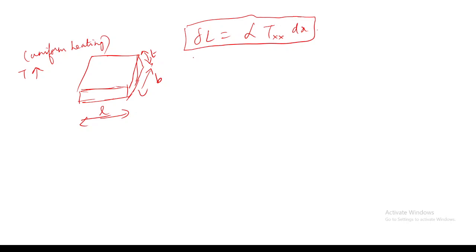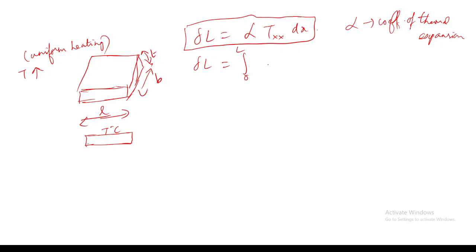Here I have imagined the temperature distribution is uniform along this bar, uniformly heated up by T degrees Celsius, and alpha is the coefficient of thermal expansion. If I find the delta L along the length of this rectangular slab, I integrate from 0 to L alpha into T. Since it is uniformly heated, T can be taken as constant.